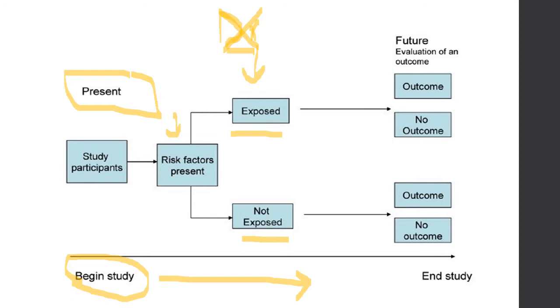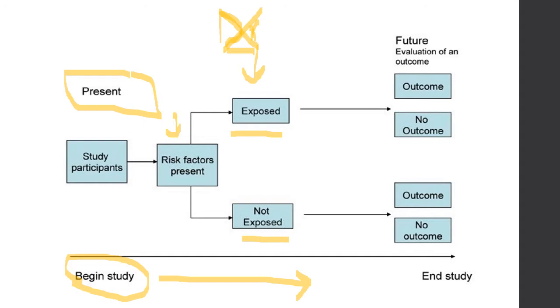And it is because it was their choice, you can take advantage of that ethically to conduct such studies like cohort studies, where you follow them from their exposure up to whether they are going to develop the outcome of interest or not.